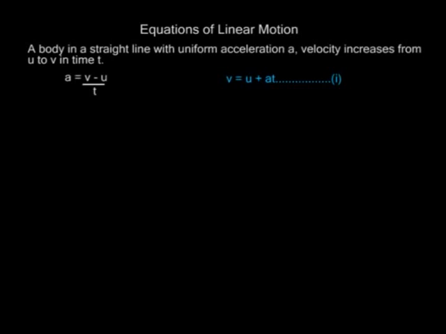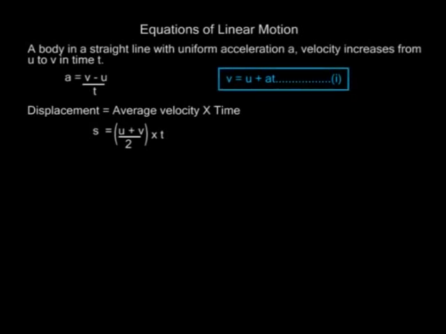Call that equation 1. Then again, the displacement s of the body is given by displacement is equal to average velocity times time. Average velocity is u plus v over 2, and then we multiply by t to get displacement. But then again, v is equal to u plus at, so we substitute v in the above equation.